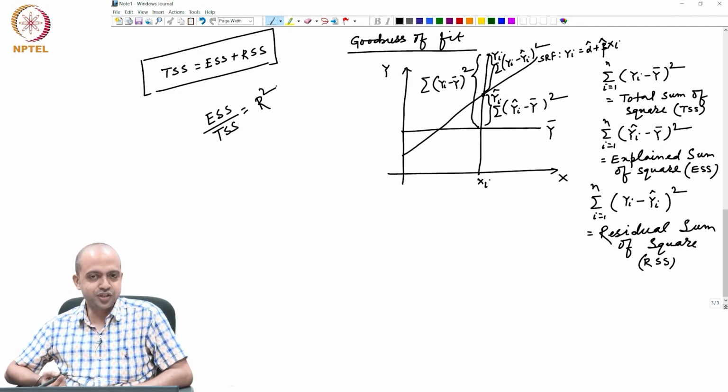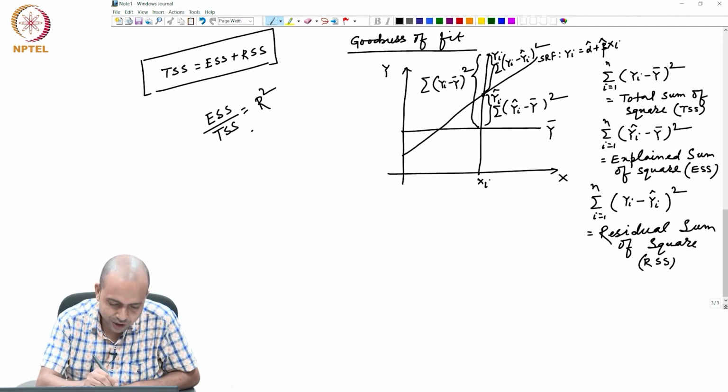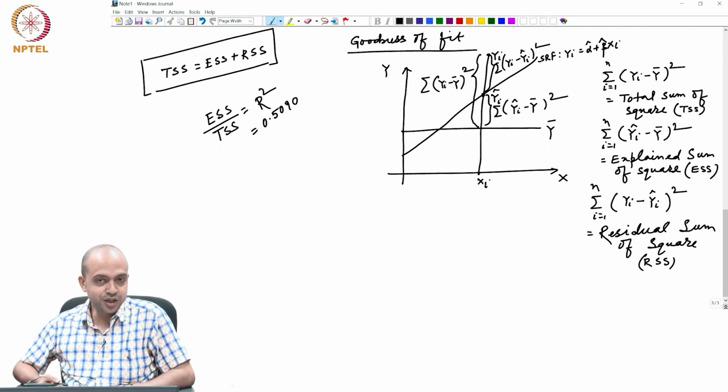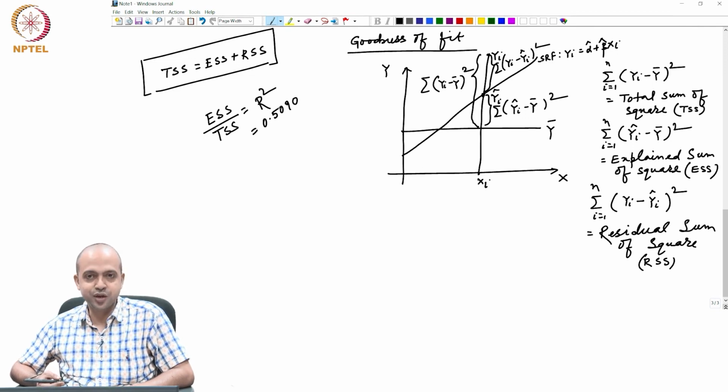So, if the R square is, let us say, 0.5090 in our example, what does it mean? It means 50.90 percentage of total variation in yi, in consumption, is actually explained by your model. That is the meaning of R square. That means the ESS by TSS ratio is 0.5090.